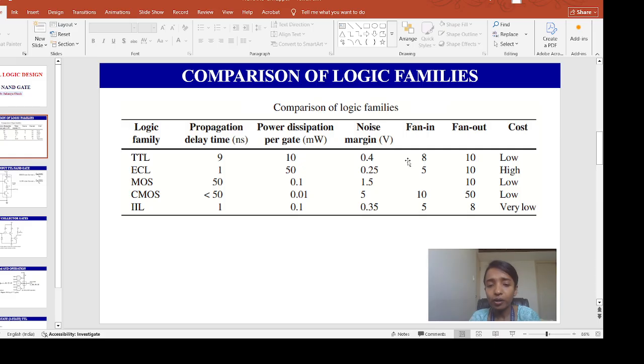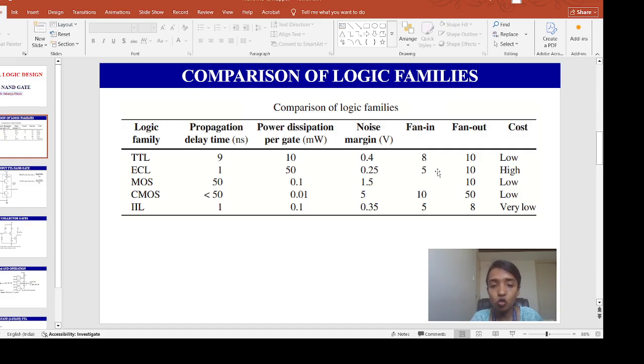Then what about fan in and fan out? Fan in of a circuit should be low, while fan out should be high. A low fan in minimizes the complexity of a logic gate and makes it easier to design and analyze.